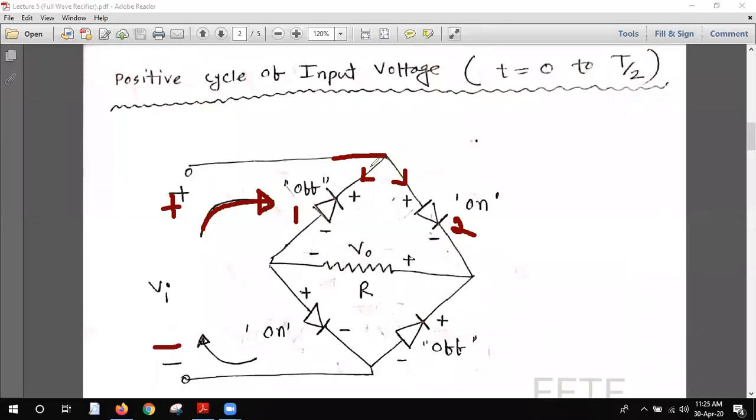When the current starts to flow, it gets 2 paths, and there will be 2 diodes. Suppose we are talking about the first diode, number 1 diode. When it is going in the 1 diode, it will be plus, it will be minus.